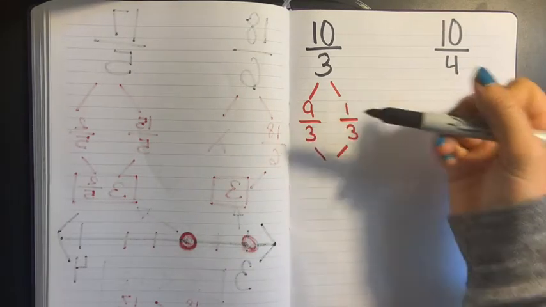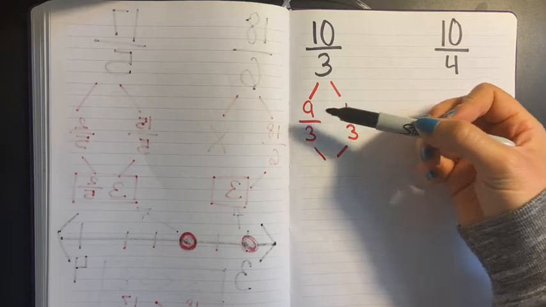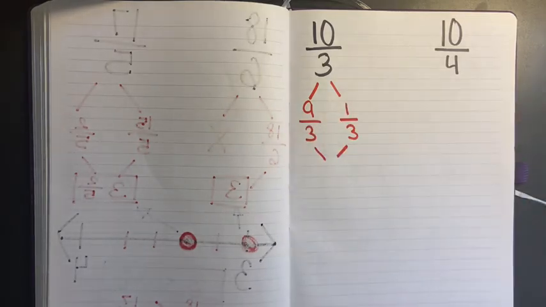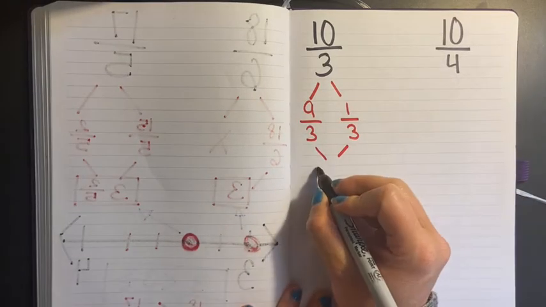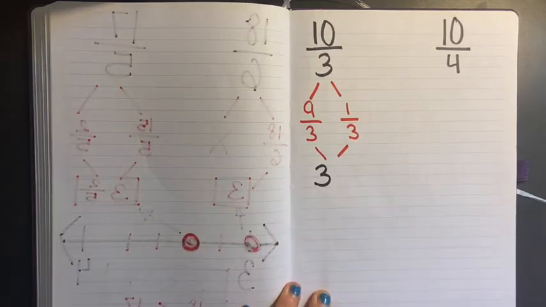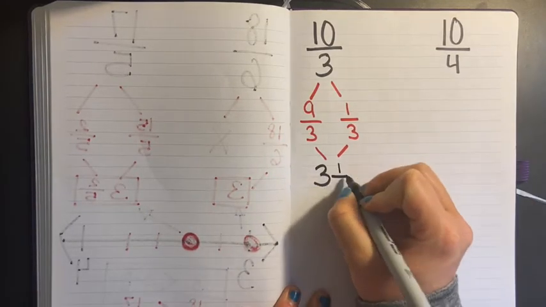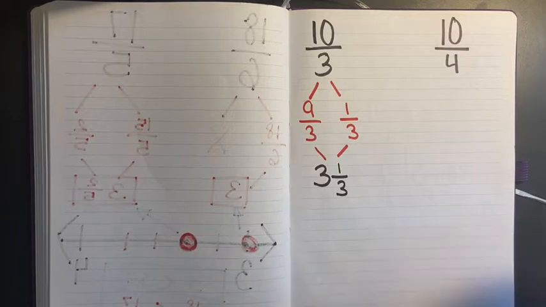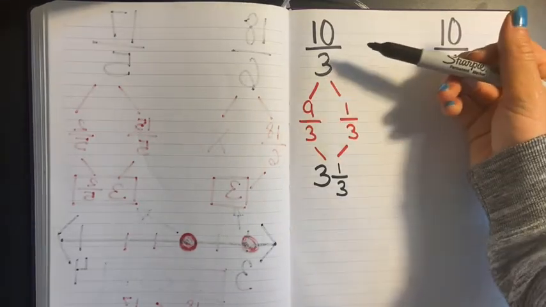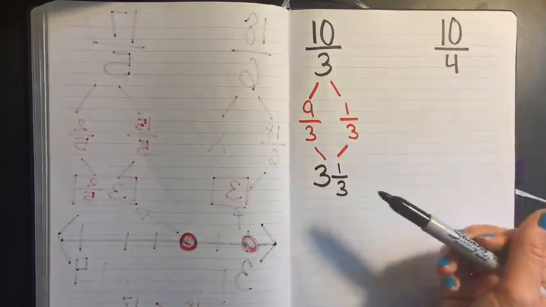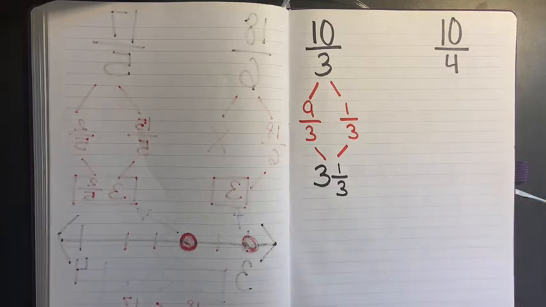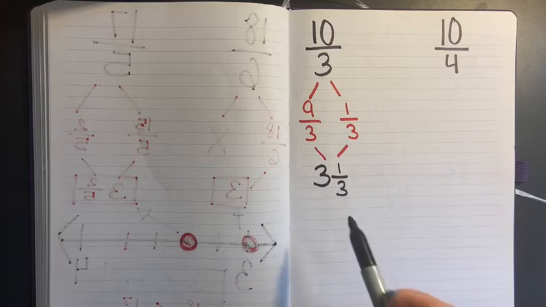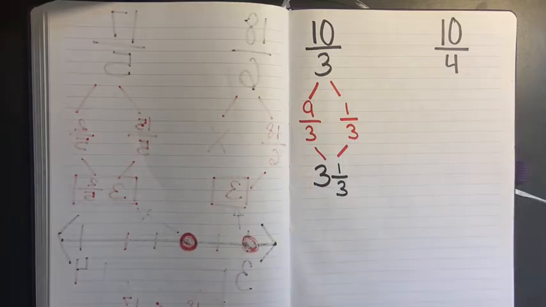When we convert 9/3 to a mixed number, you can divide your numerator by your denominator. 9 divided by 3 gives us the whole number of 3, and we have 1/3 left over. So we know that 10/3 is equal to 3 and 3/3, or 3 and 1/3.